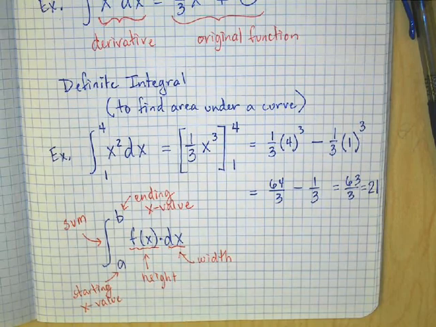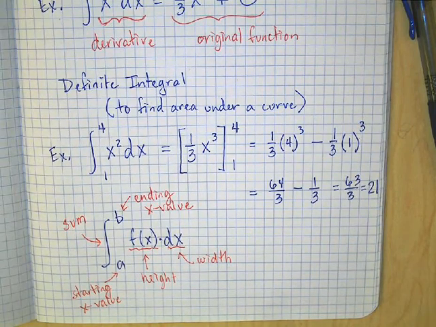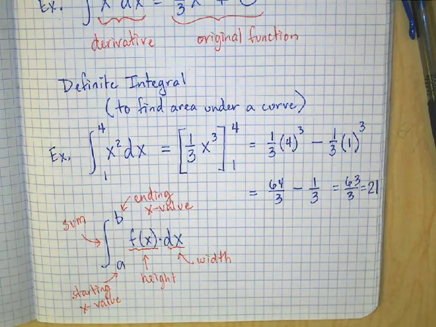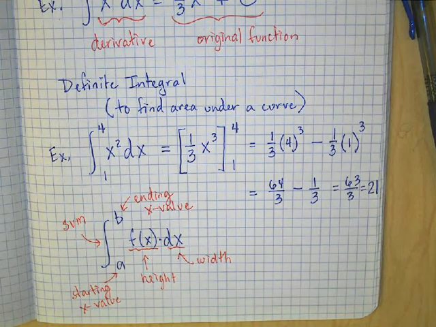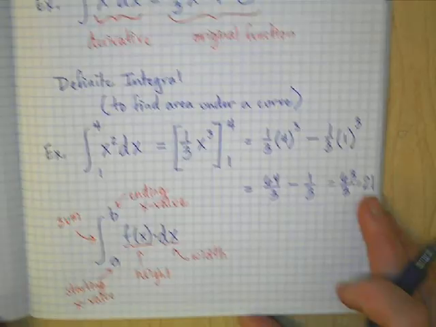Okay, and then what were we doing with this? This was the sum of all the rectangles with a height of f of x and a width of dx to get the area under the curve. Okay, so we're going to write that down. This is what this is talking about.